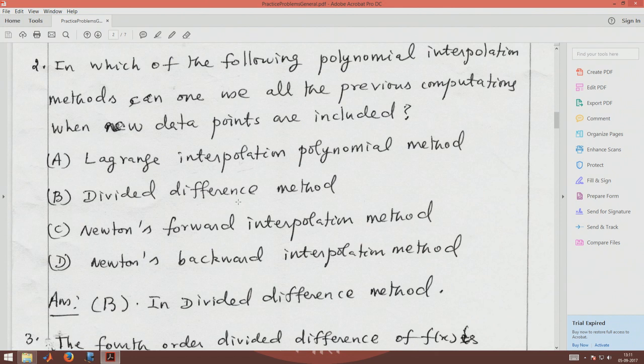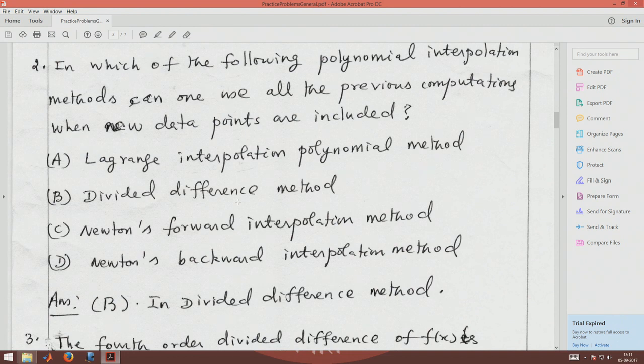We know that we use in divided difference method all the computations that have been used earlier, because suppose we are given 3 points and we are asked to get the divided difference interpolation polynomial, then we would be getting the interpolating polynomial of degree 2 that interpolates the set of given data which are 3 in number.